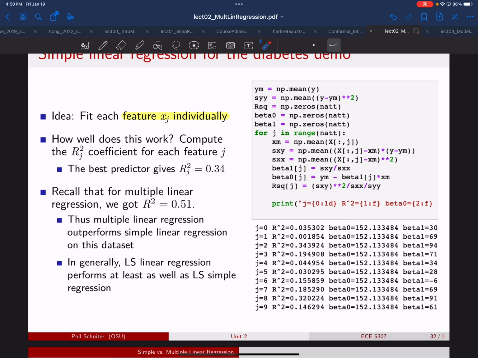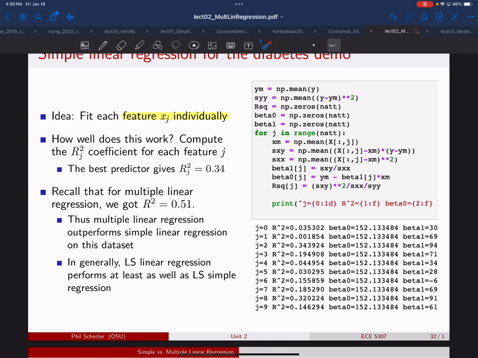But if you look at any feature individually, the best you can do is 0.343, whereas if you look at them jointly all together and you use least squares to combine them in the right way, you get 0.51, which is better, right? So here you do see the strength of doing things jointly with this multiple regression model.